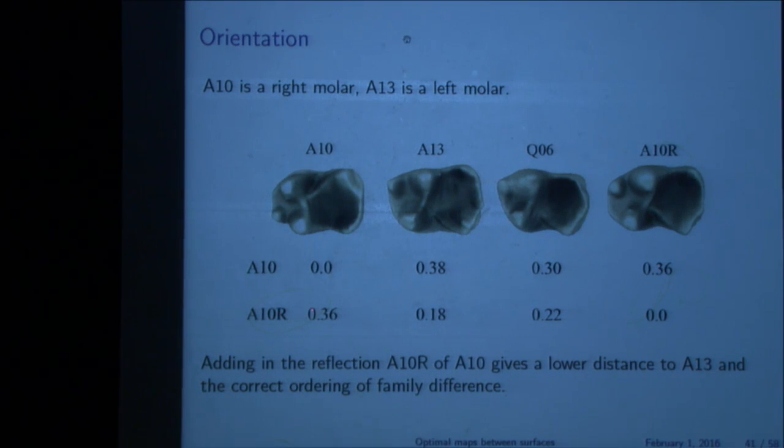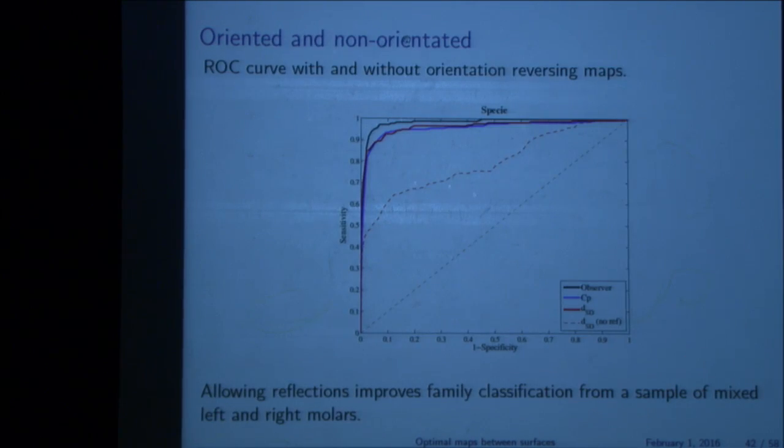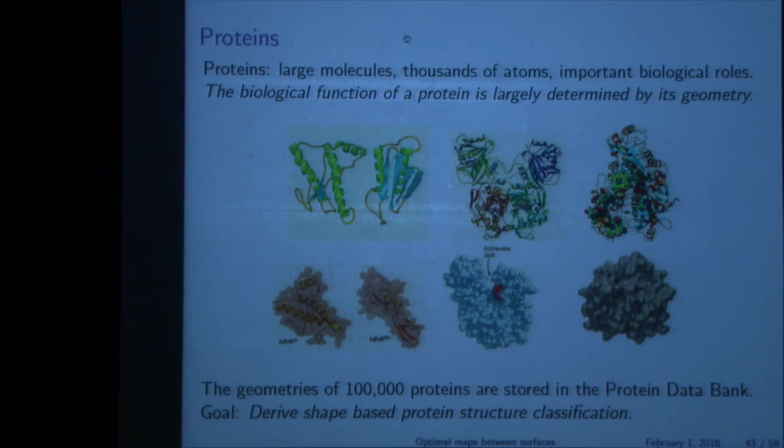But when you threw in the reflection, then suddenly the distances got the right order. And this is an indication of that. You see, this dashed line is the ROC test without allowing reflections, and the upper red line is what you get when you do allow reflections. So this indicates that this has the ability to pick up orientations as well.